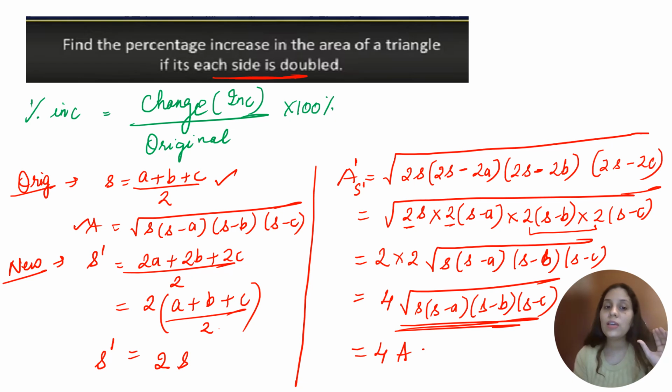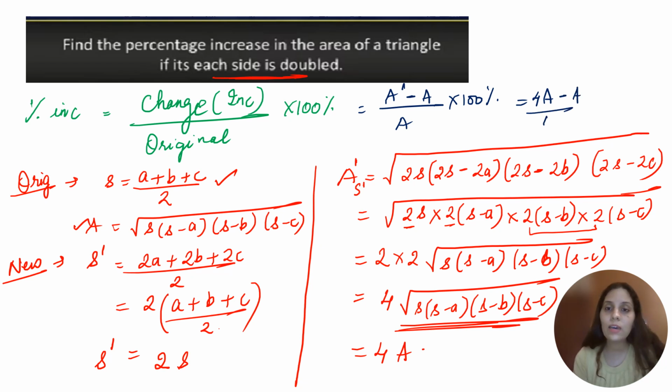We know original area, we know new area. Now you need to find the percentage increase. So I'm going to use this formula. So what is it? Change. Change is what? New minus old, that is (A dash minus A) by original into 100%. So what is A dash? 4A.